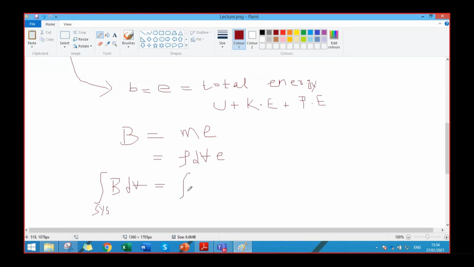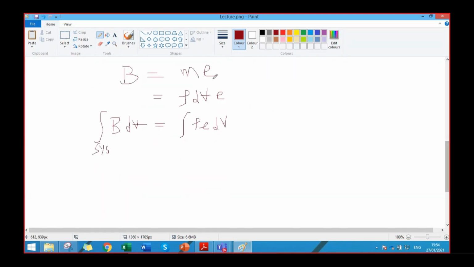This would be basically integral rho e dV. And if I write it in the form of the Reynolds transport theorem, this would become basically B system.